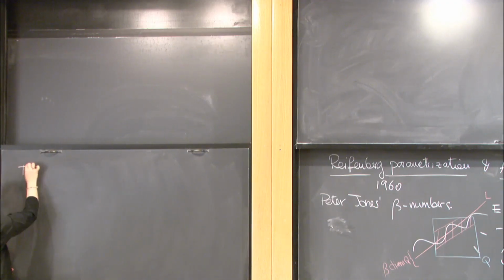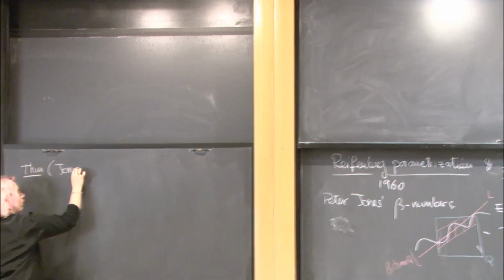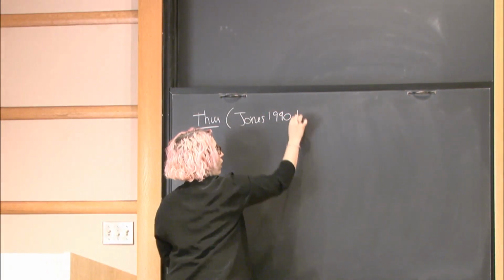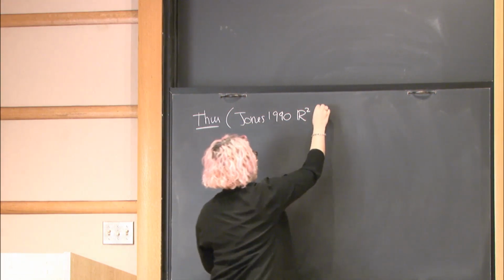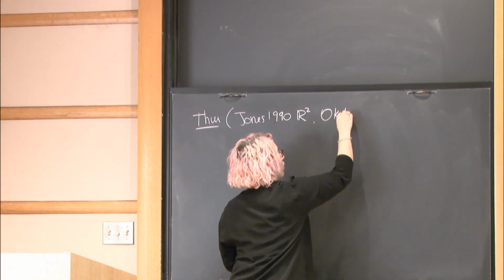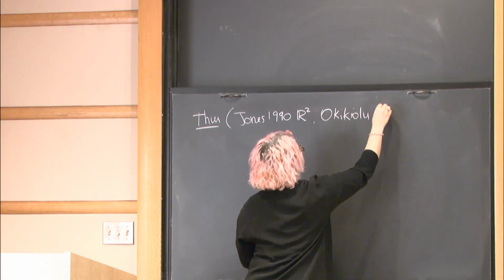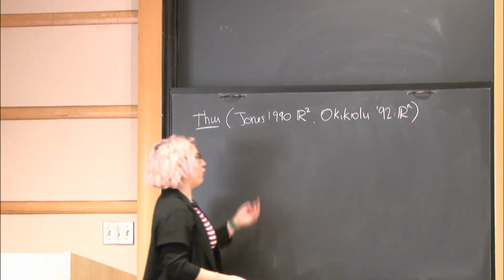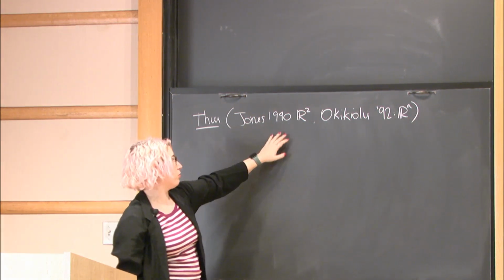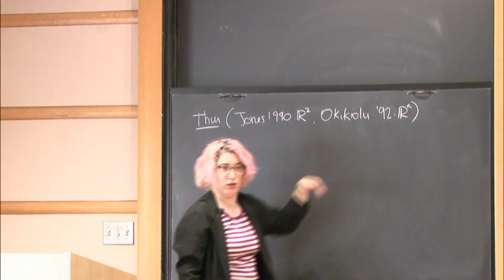The theorem is due to Jones in 1990 for R2, for one-dimensional things in the plane, and then it was extended to n dimensions in 92 by Okikiolu. And the main difference in their proofs is that one direction of the proof here uses complex analysis, and this one uses harmonic analysis.